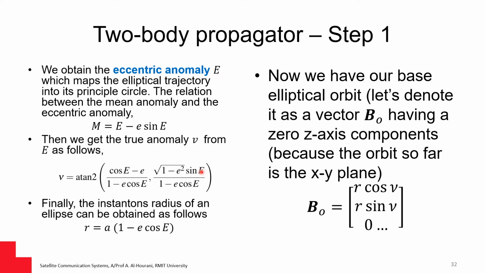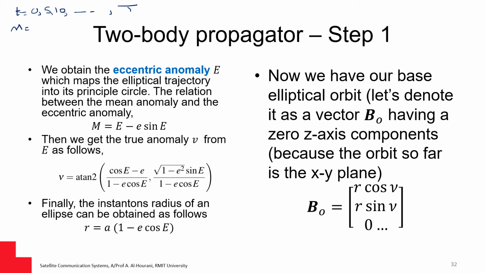There are 3 equations in this slide that I'm not going to provide the proof for. You can refer to any orbital mechanics book if you are interested in the detailed proof. But what these 3 equations tell you is that if you have the expression for the mean anomaly, or the vector of the mean anomaly, and yes we do, because remember, we have the t vector, which is the simulation time, for example 0, 5 seconds, 10 seconds, etc. up to a period T, you can calculate the m vector from it.